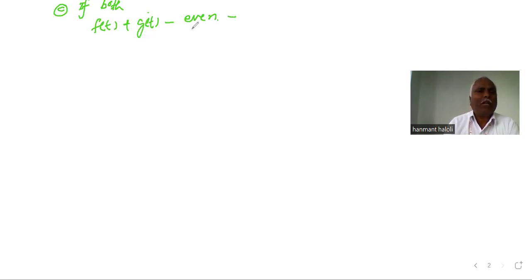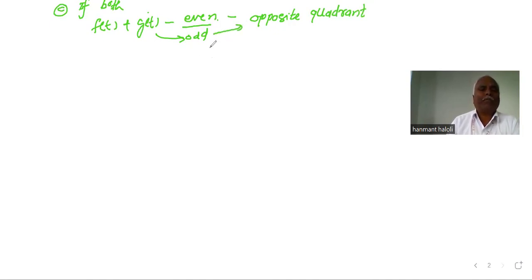And if both are odd functions, the curve is symmetric about the opposite quadrant. Symmetry about opposite quadrant for odd functions.